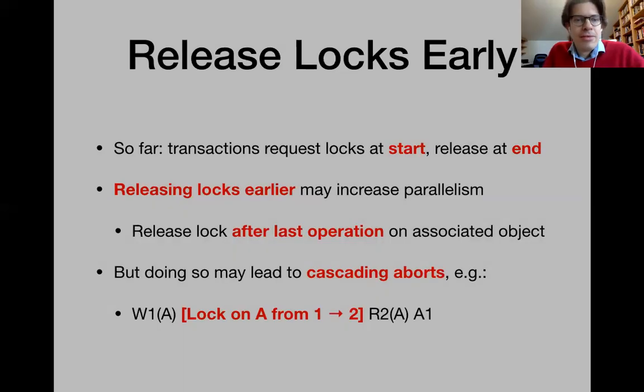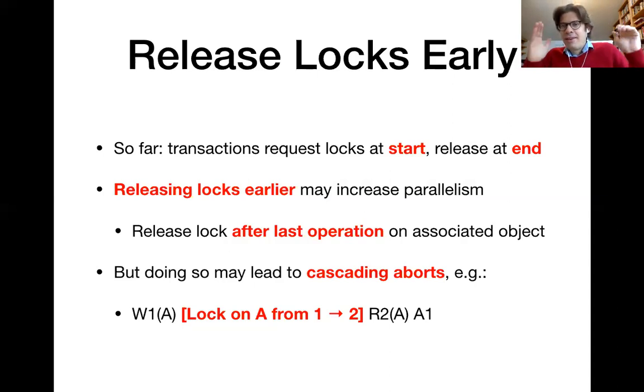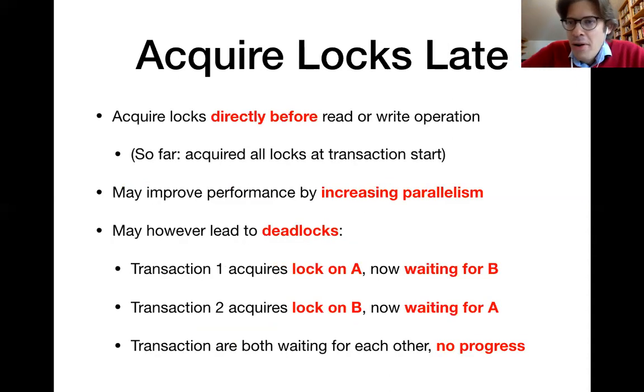All right. Here we have refined and allowed transactions to release locks early. Now we're going to allow them to acquire locks late. So essentially, we have so far required a transaction to get all the read and write locks before transaction processing starts.